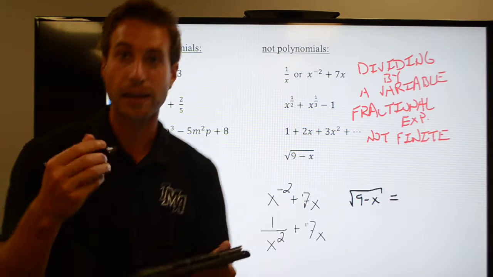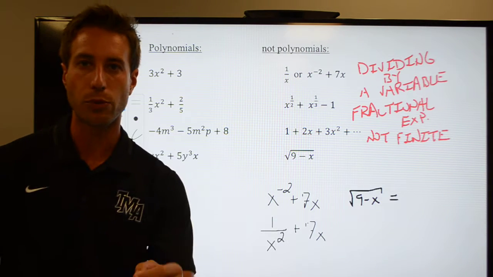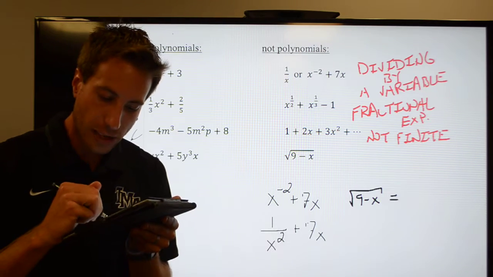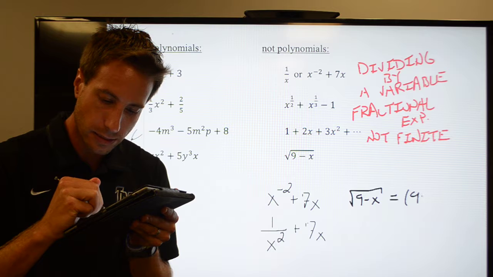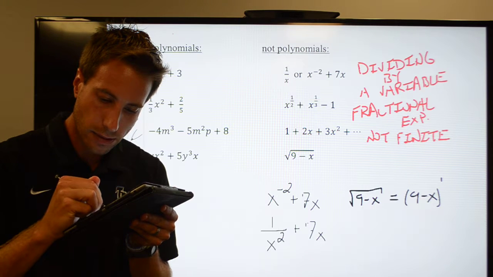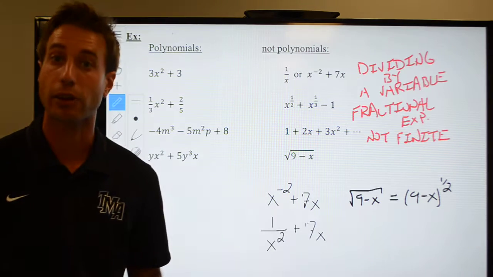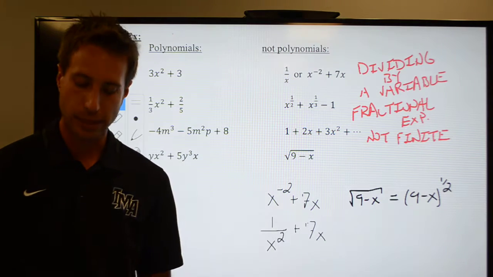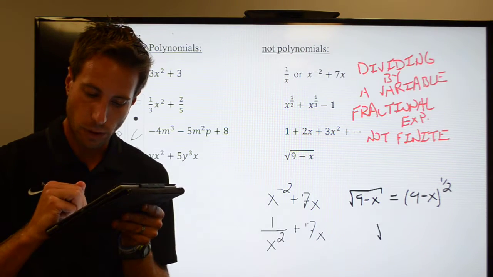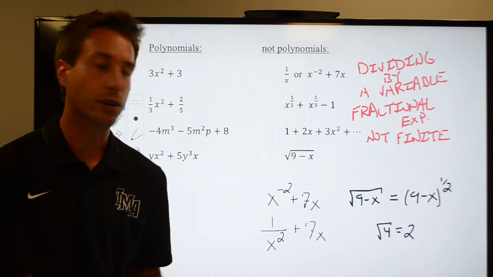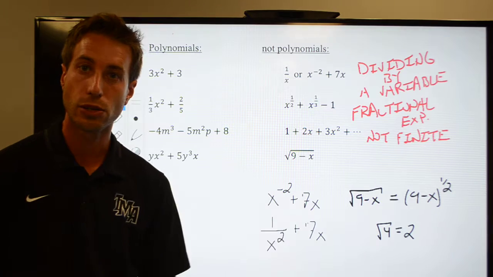Here's what I want to tell you. The way this works is that a square root is actually an exponent. It turns out to actually be the exponent of 1/2. And let me prove it to you. If you happen to have a calculator handy, go ahead and take the square root of 4. Of course, if you take the square root of 4, your calculator is going to tell you the answer is 2.